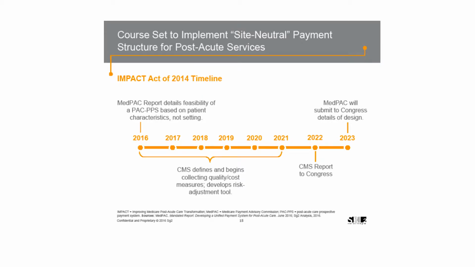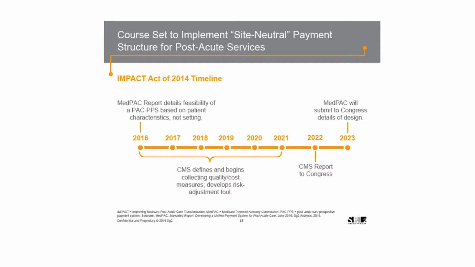And so CMS is also moving to do a site-neutral payment structure for post-acute services. So MedPAC reports details based on patient characteristics, not setting. As they move through 16 through 21, they're defining and collecting quality and cost measures and developing risk adjustment tools.